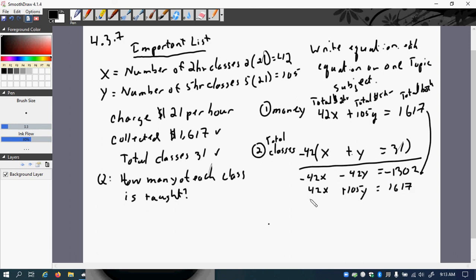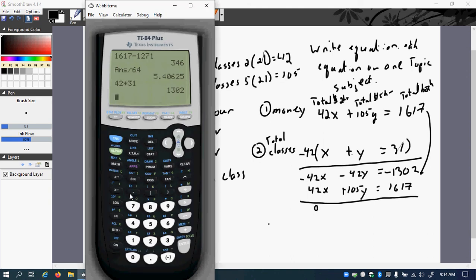Now I can add the equations together. This gives me 0. 105 minus 42 gives me 63, so that'll give me 63y.